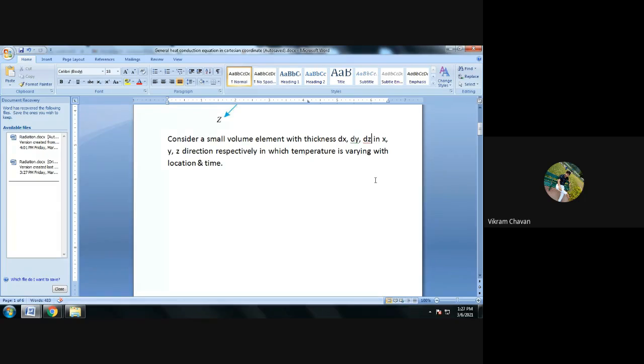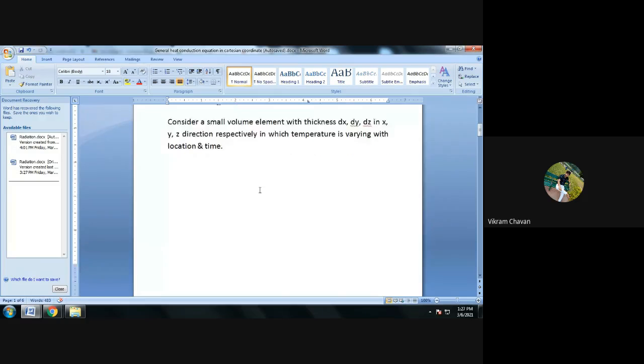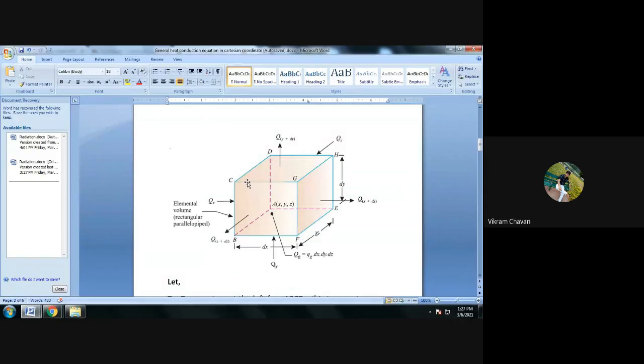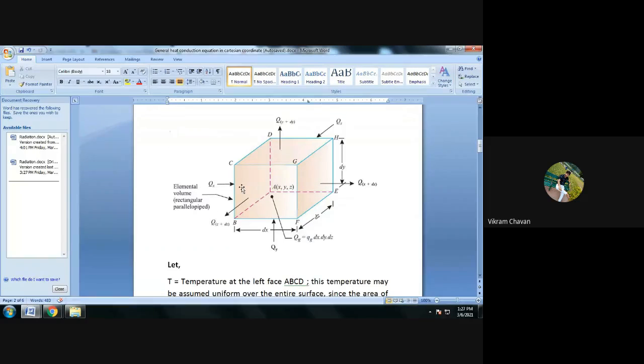Okay. So you have drawn this diagram, and this is the basic diagram to understand the derivation.